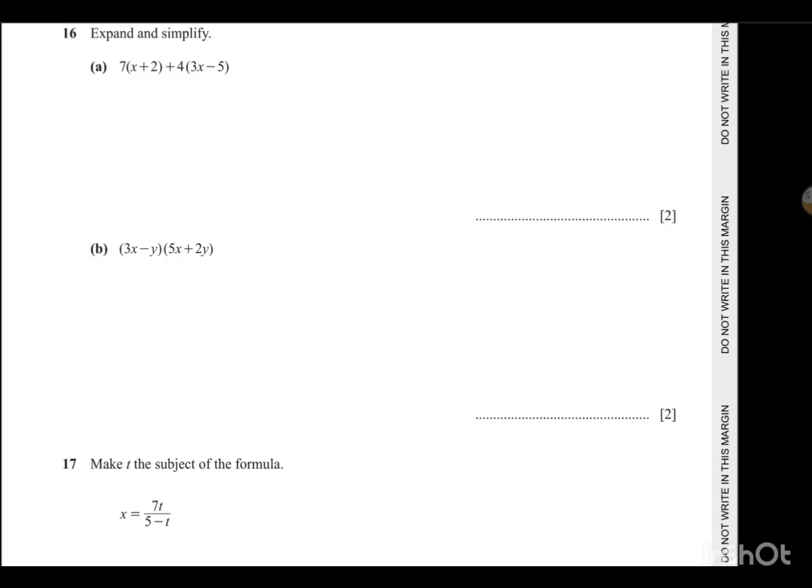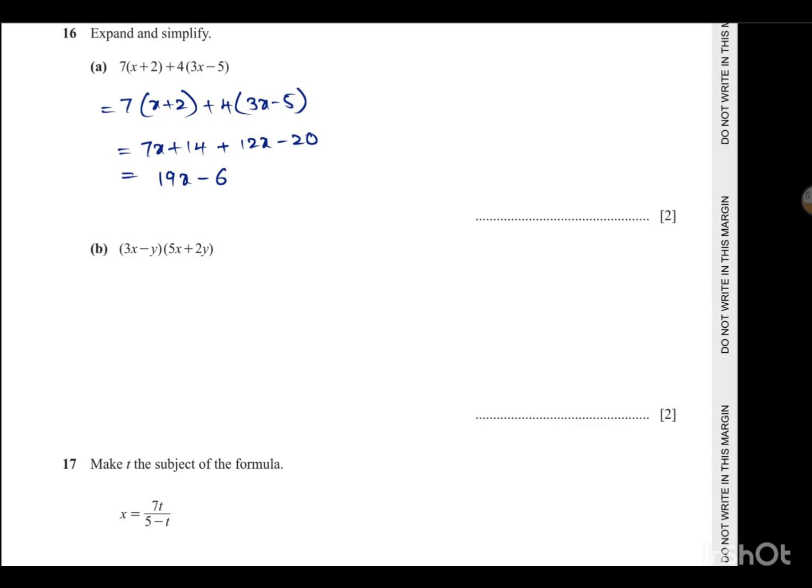Question number 16. Expand and simplify. A. 7 into x plus 2 plus 4 into 3x minus 5. 7 into x is 7x, 7 into 2 is 14, plus 4 into 3 is 12x minus 20. 7x plus 12x is 19x, 14 minus 20 is minus 6.